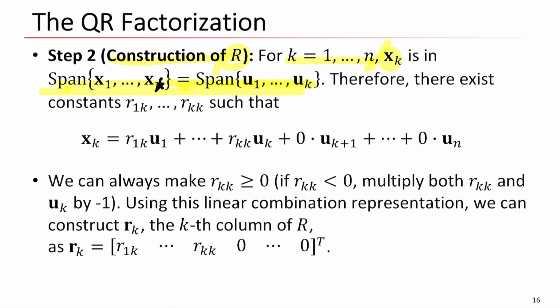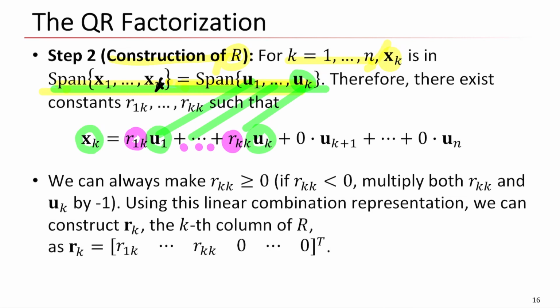Then we can say that there exist constants r1k through rkk. In other words, because of this property, we can represent xk with u1, u2, through uk with some constant values.